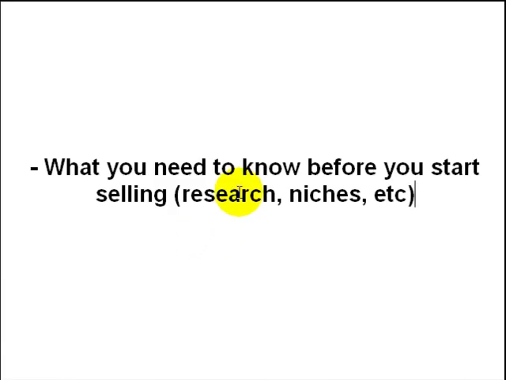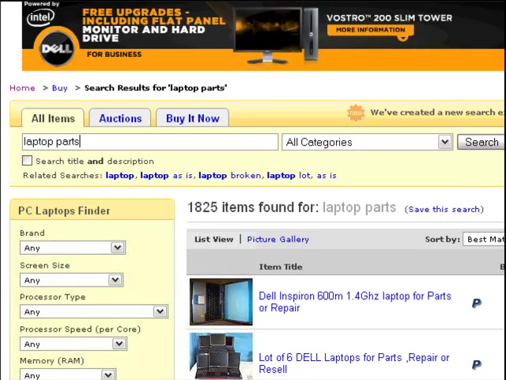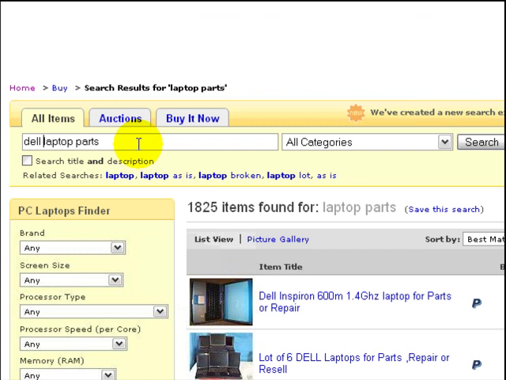Now we've done our research. If you're wondering what a niche is, basically that's a specific market. So laptop parts, people who are looking for those parts to fix computers, that would be a specific niche or specific market, in other words. For example, if you want to get more specific down deep, you could even say Dell laptop parts.